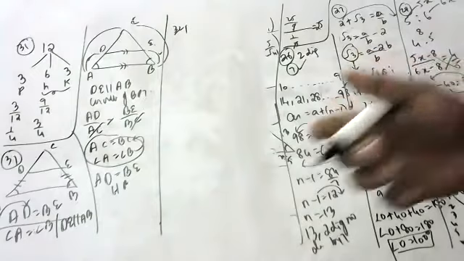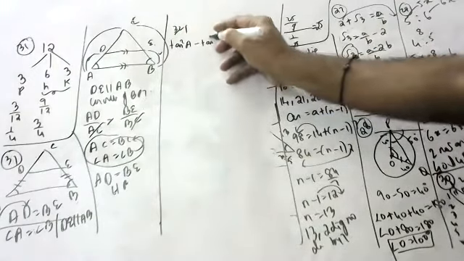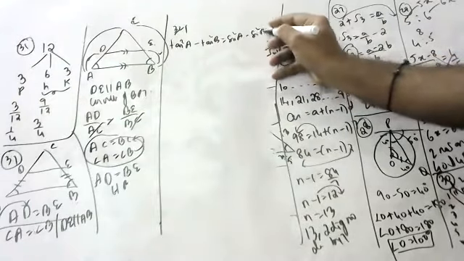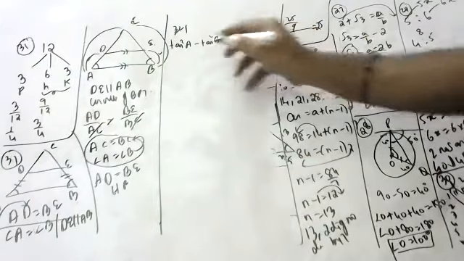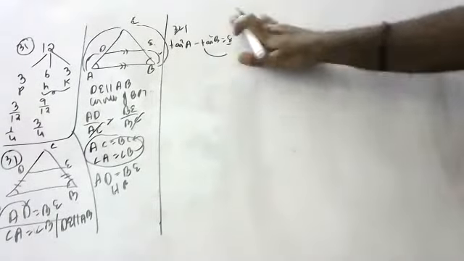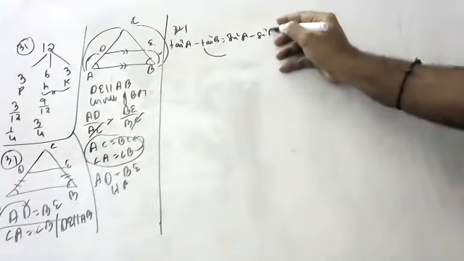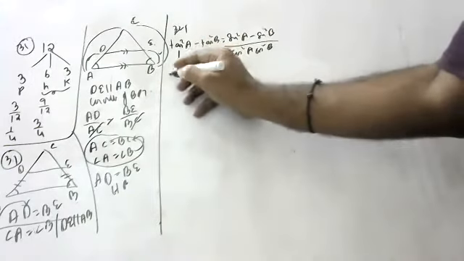Children, they said that tan square A minus tan square B is equal to sin square A minus sin square B by cos square A cos square B. From this, we should prove this thing. What is tan square A, children?